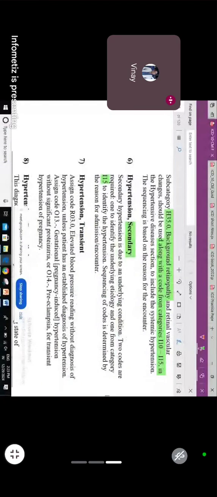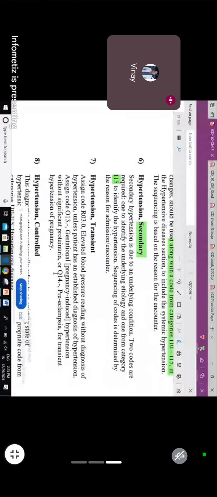Different condition. But here it is not specified correctly. If it is secondary because of some other condition, we have to code the I15 series. Here we need to code two codes: identifying the underlying etiology, that is, what is the reason, and the code from the I15 series.